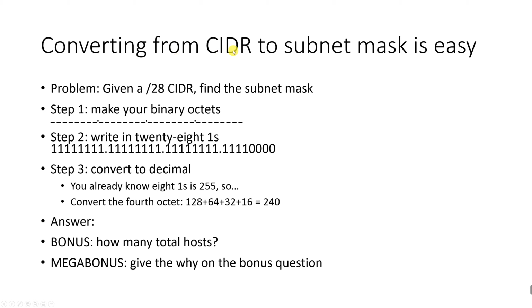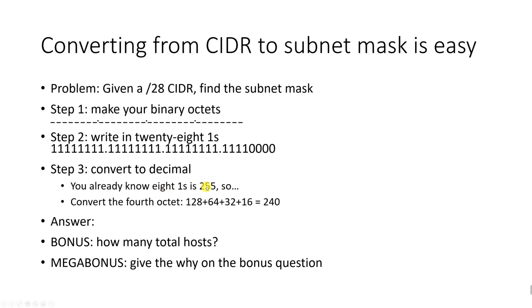So, going from CIDR to subnet mask is not difficult. Check it out. Here's the problem. You're given a /28 CIDR, convert it to subnet mask. So, all you do is you write out your binary octets, write your 8 dashes, then write in 28 ones, just like this. Now convert to decimal.